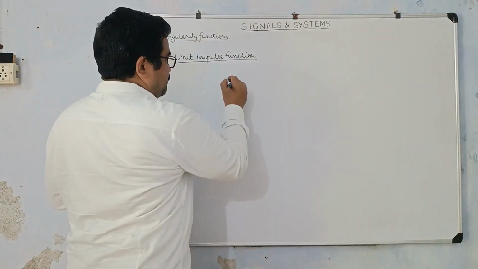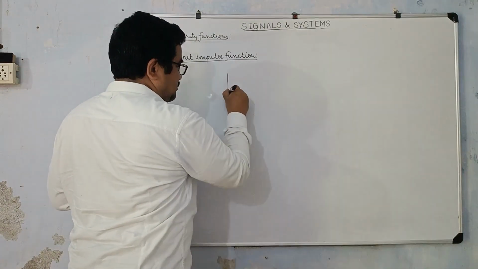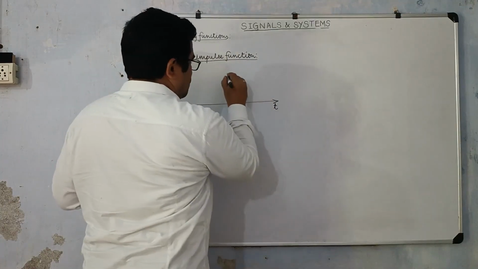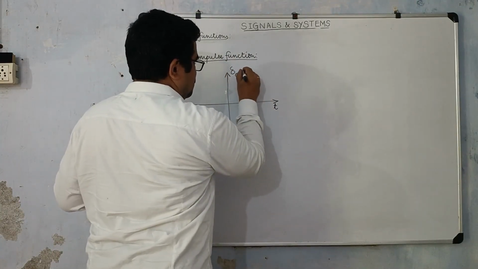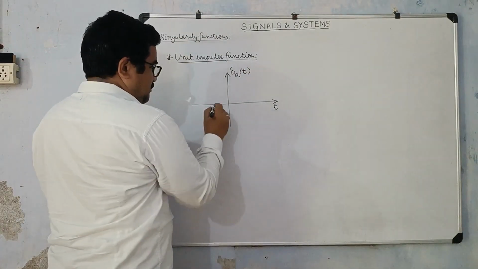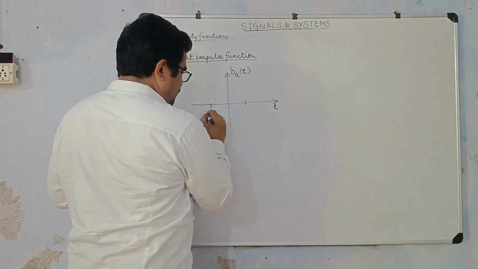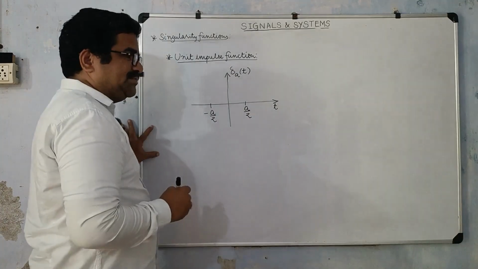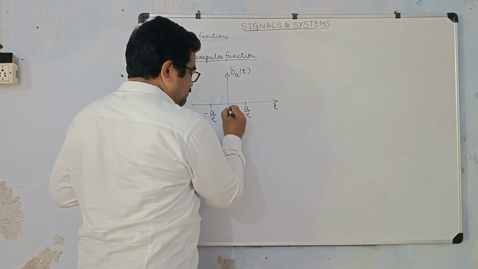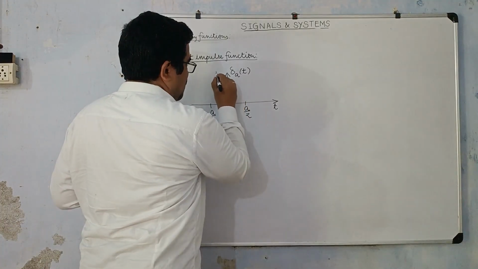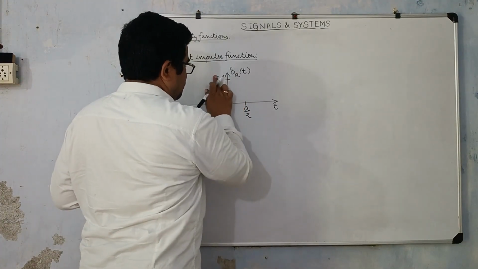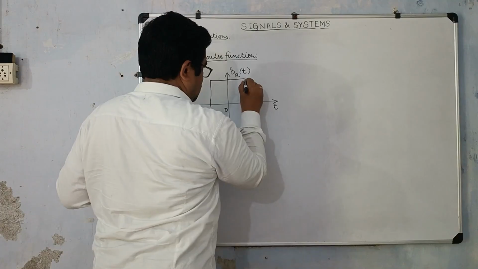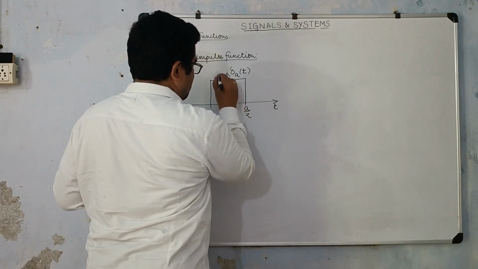For understanding the unit impulse function, let us see a general pulse function represented as delta A of t, which has a time duration from minus a by 2 to a by 2, and a height of 1 by a. The height of the pulse is 1 by a.